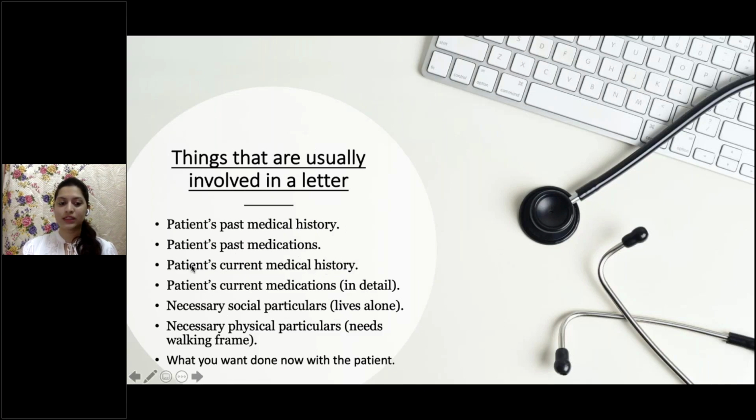So: patient's current medical history, patient's current medications, necessary social particulars like if they live alone or need help, or necessary physical particulars, exactly, needs a walking frame, and if they need help with their household stuff, and what you want done now with the patient.